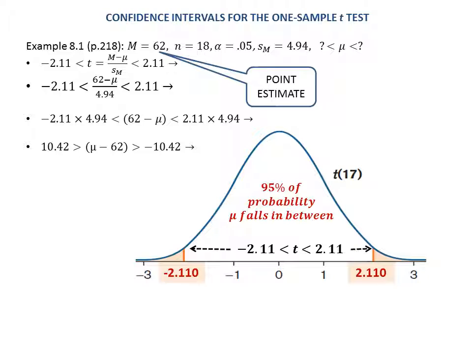And in this step, we want to get rid of the negative sign in front of mu, so we multiply everything by minus 1, which just changes the direction of the inequality. Then we come up with the two values corresponding to the t critical values, which are 51.58 and 72.42.